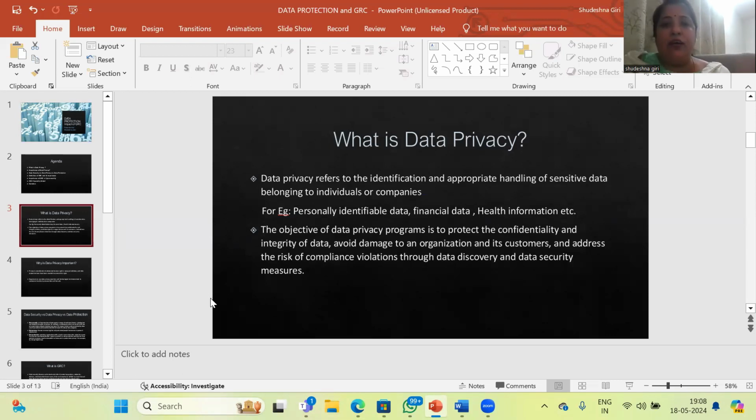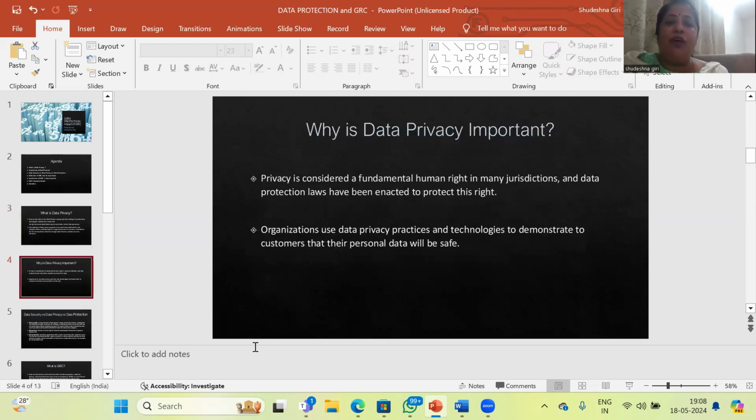The main idea is to make sure the data is not used maliciously by any other organization or outside body. So data privacy plays a vital role in protecting such data so that it is not used by the outside world.